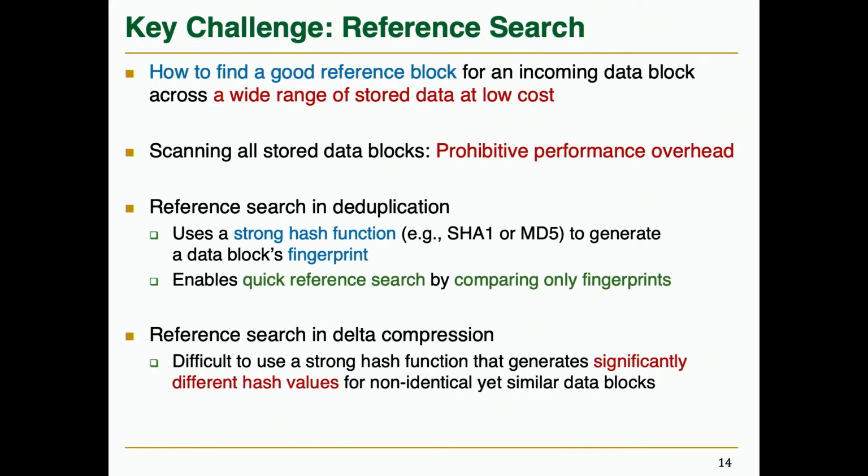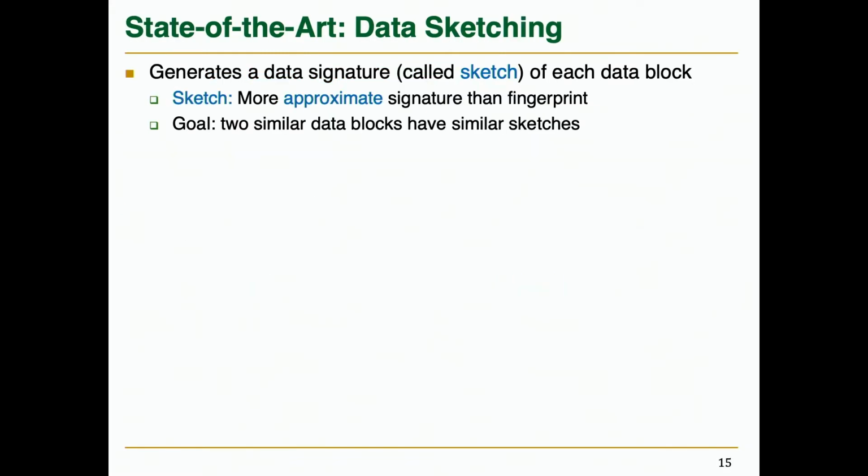However, fingerprint is difficult to use for delta compression, as a strong hash function is typically designed to generate significantly different hash values, especially for similar data blocks, in order to minimize the hash collision rate. So to address this, prior work proposes a different approach called data sketching that generates a more approximate signature than fingerprint called sketch, such that two similar blocks have similar sketches.